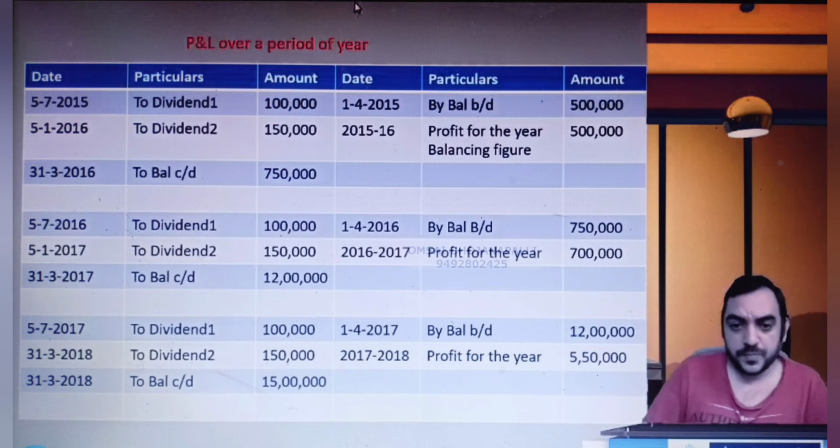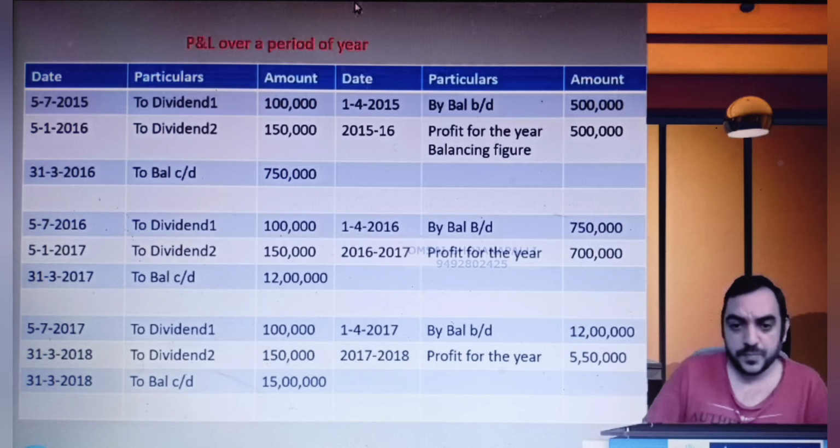Two dividends. Let's say dividend 1 for our reference, 1 lakh. And another dividend is announced on 15 December, paid in 20 days.